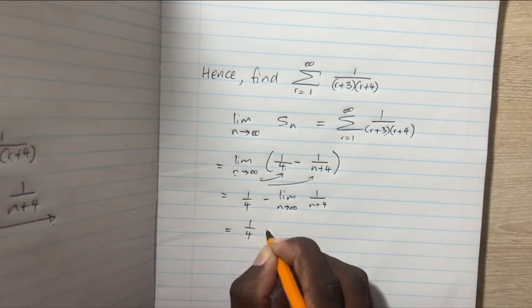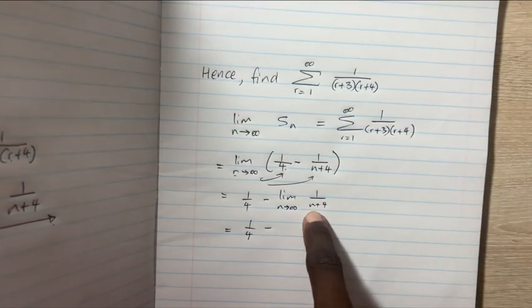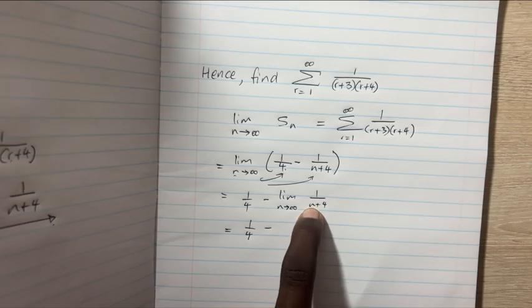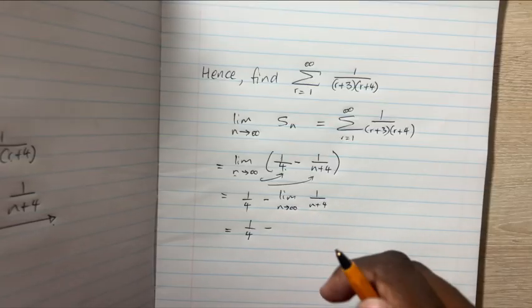1 over 4 minus, let's check this one. As n approaches infinity, n is growing very big. You can check this on a calculator. If you put like 9,000 here, you get something very close to 0. Put like 90,000, it gets even closer to 0. If you put like 1 million or 9 million, you get something very, very close to 0.